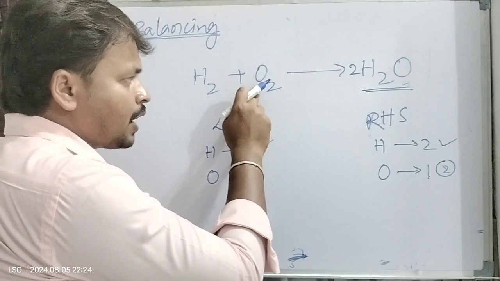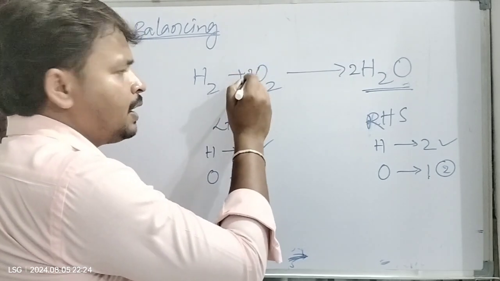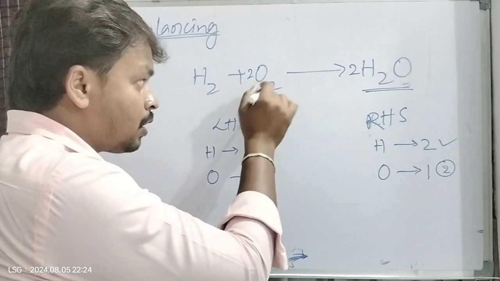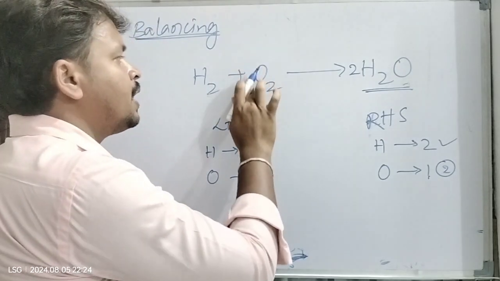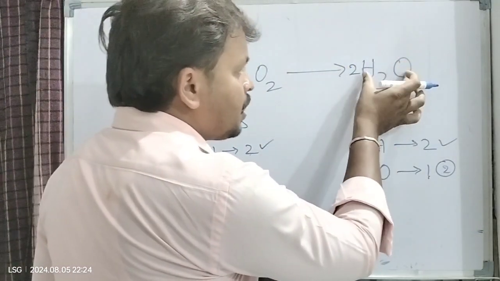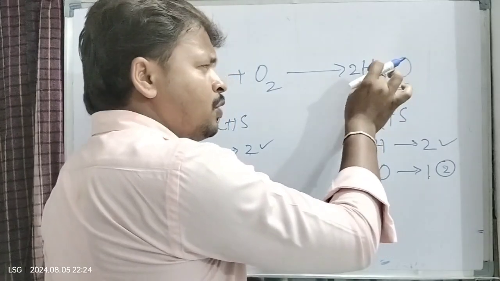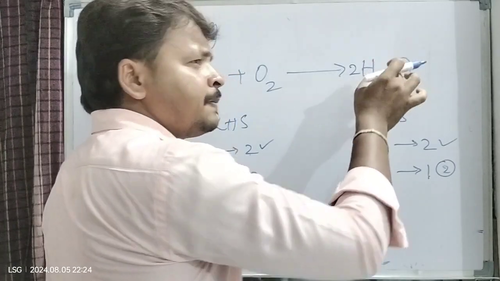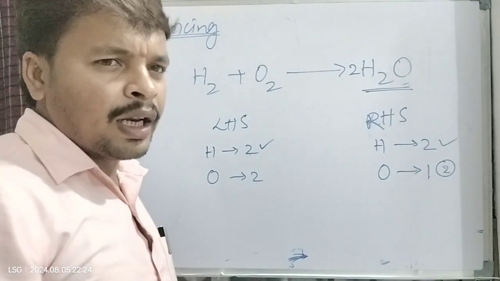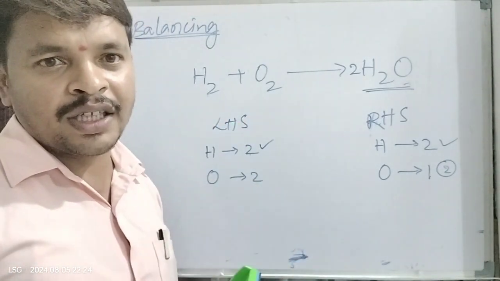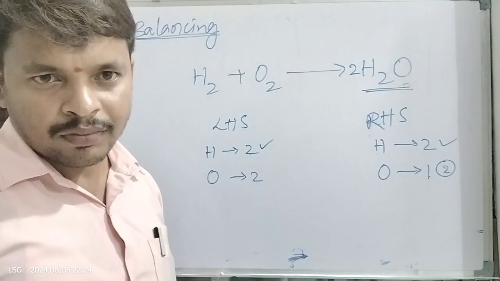Suppose when you are going to write here, the number means you can write easily here. You are not supposed to write it 4. You can't make here 4. You can write here. But when you are writing in the compound, what is a compound? When 2 or more elements combine in a definite ratio, integral ratio, that is called a compound.